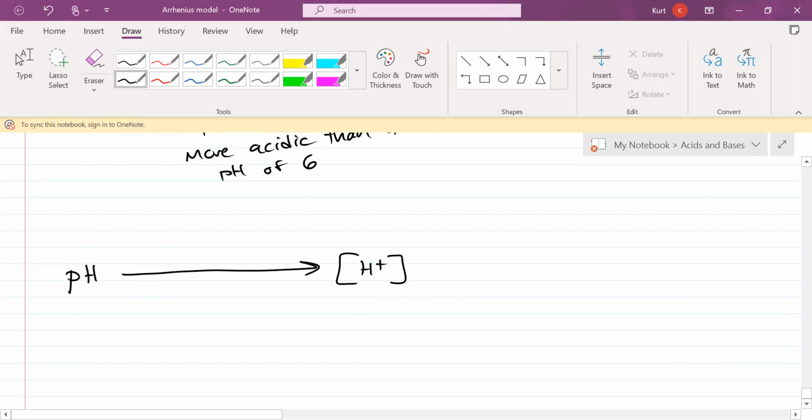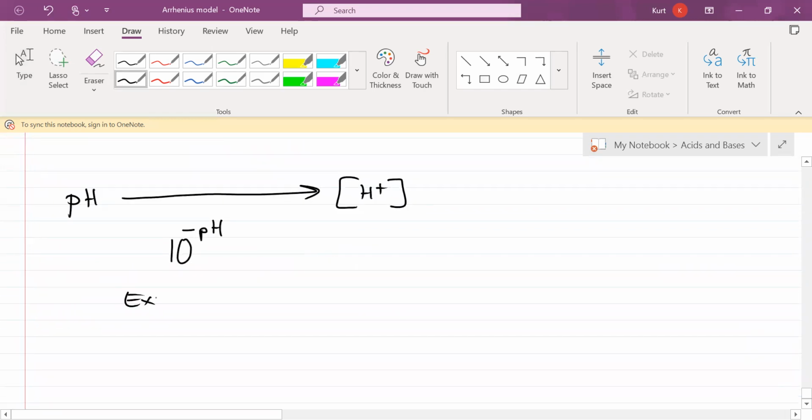Arshan? You would have to type in 10 to the negative pH value. So, for example, I'm not going to do the whole math here, but if I had a pH of 3.7, you would have to do the 10 to the negative 3.7.